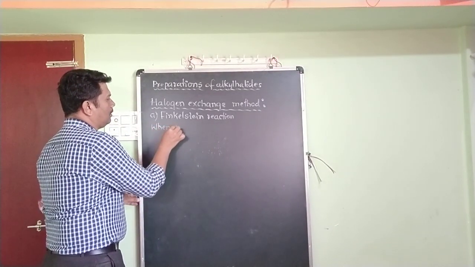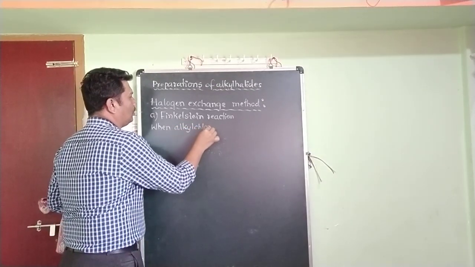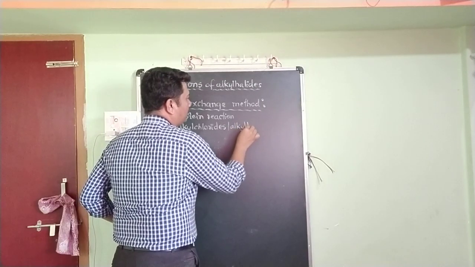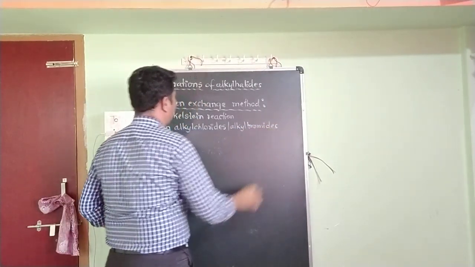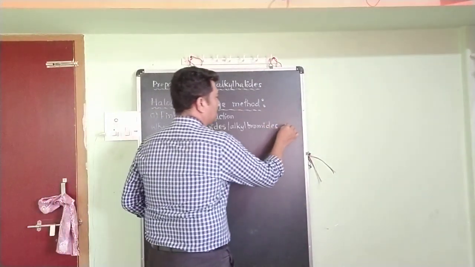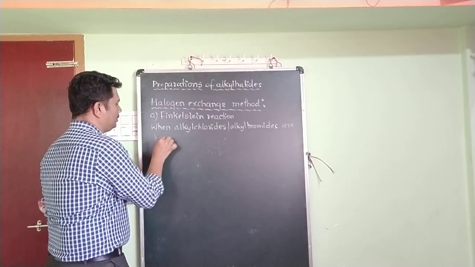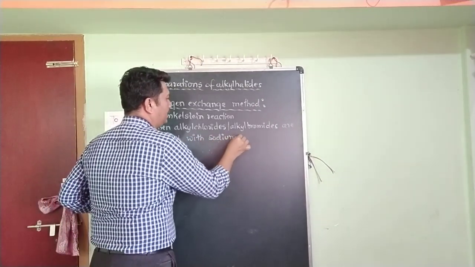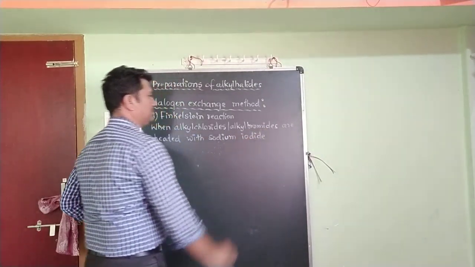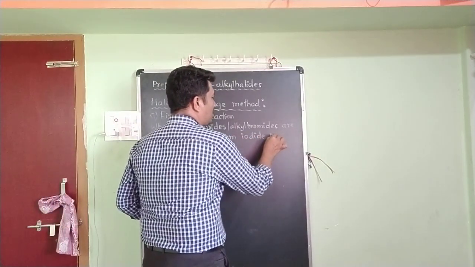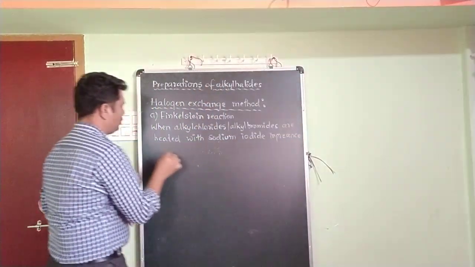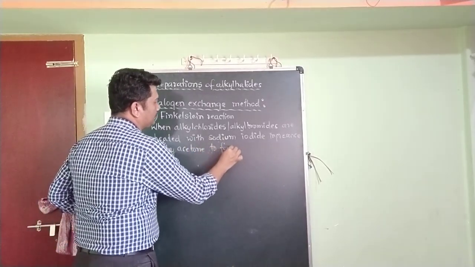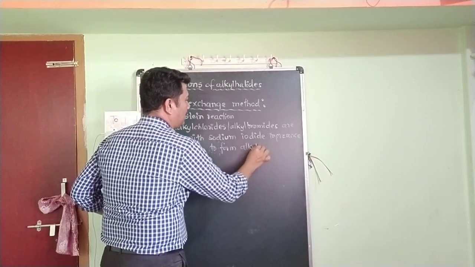When alkyl chlorides or alkyl bromides are heated with sodium iodide in presence of dry acetone to form alkyl iodides.